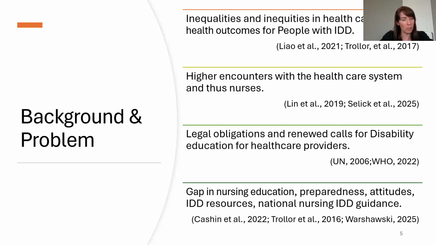And a recent 2025 study by Salek et al. in Ontario found that people with IDD represented 22% of alternate level of care long stay patients in psychiatric wards in Ontario.